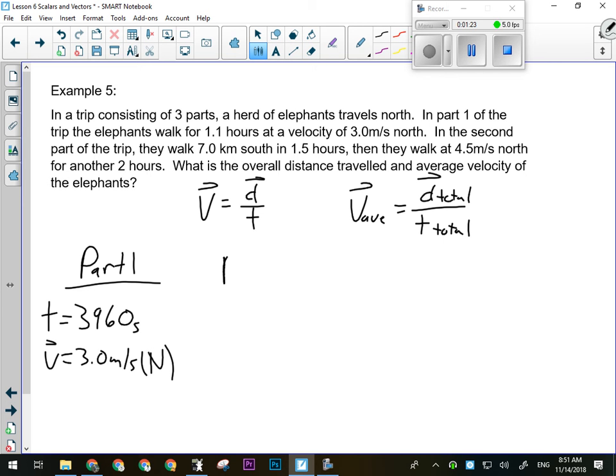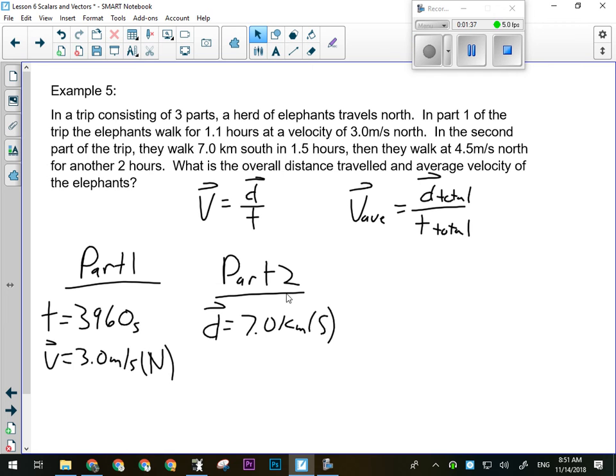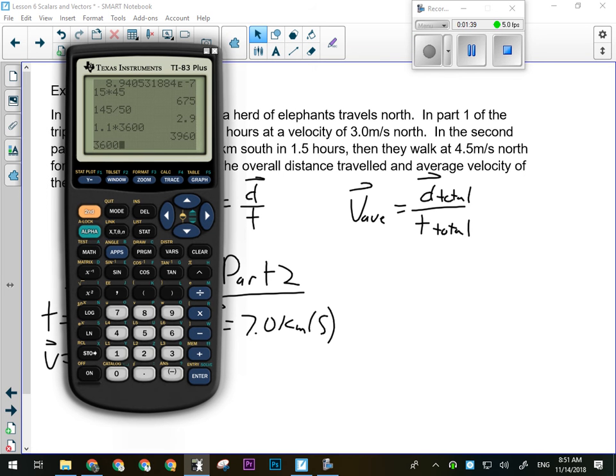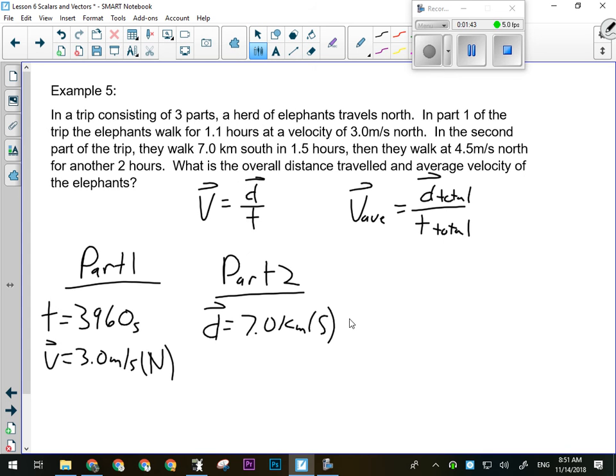All right, in part two, they walk 7 kilometers south in 1.5 hours, so 5,400 seconds.